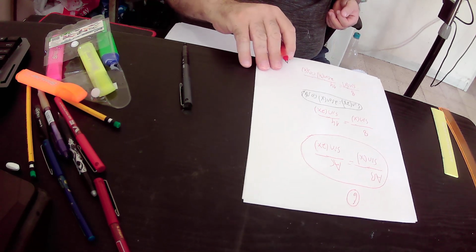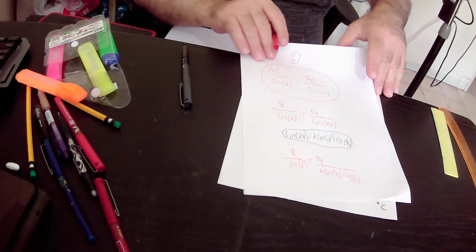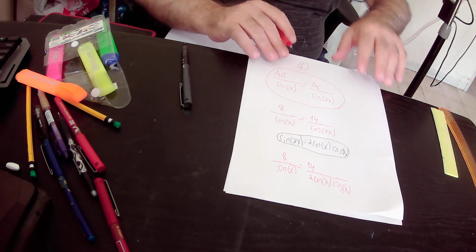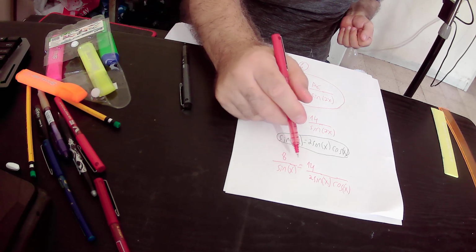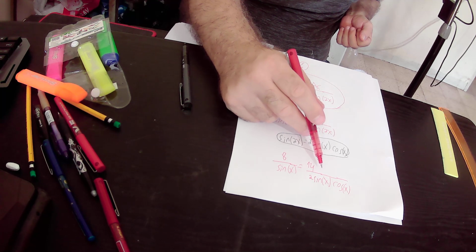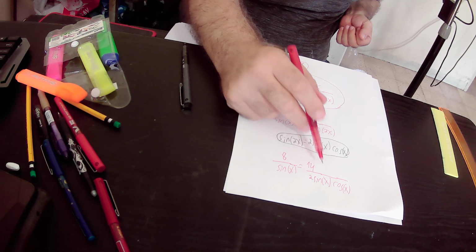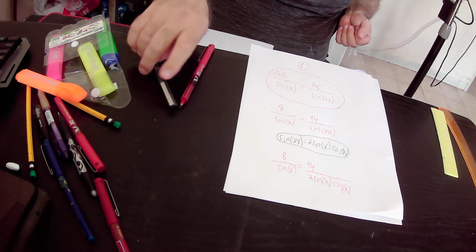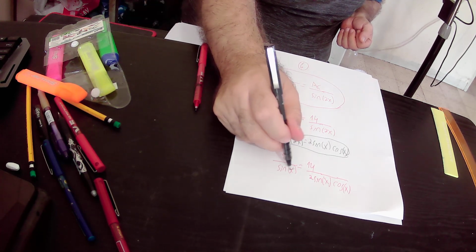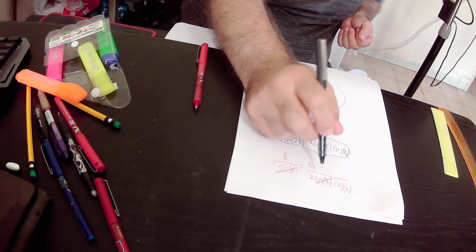So here we have sine x in the denominator of this side of the equation, and sine x in the denominator of the other side, so we can cancel sine x. And 14 over 2 is 7.